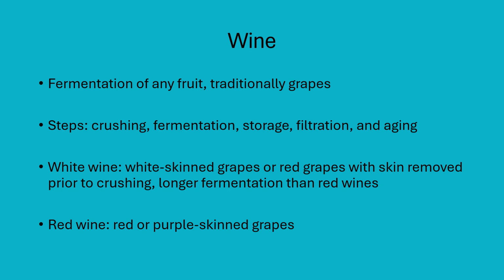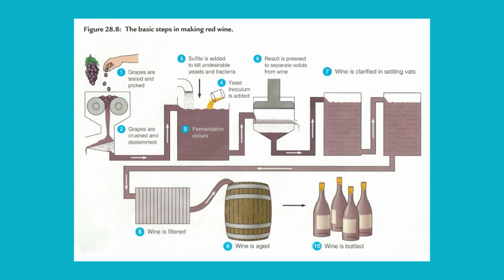So the steps of making the wine, whether it's red wine or white wine, first is a crushing stage, then you're going to ferment it, store it, filter it, and then finally age it. And so this slide shows the steps of just basic winemaking. So obviously first you have to collect your grapes.